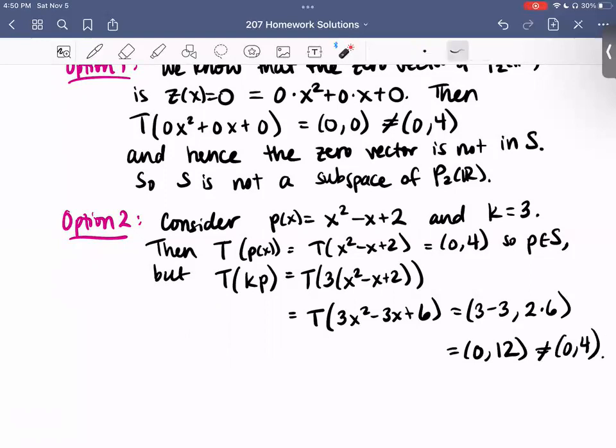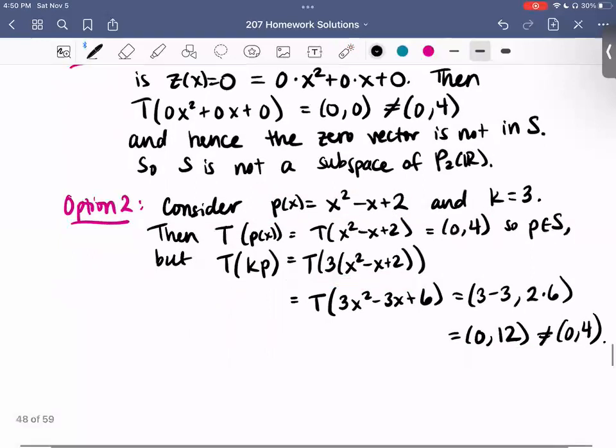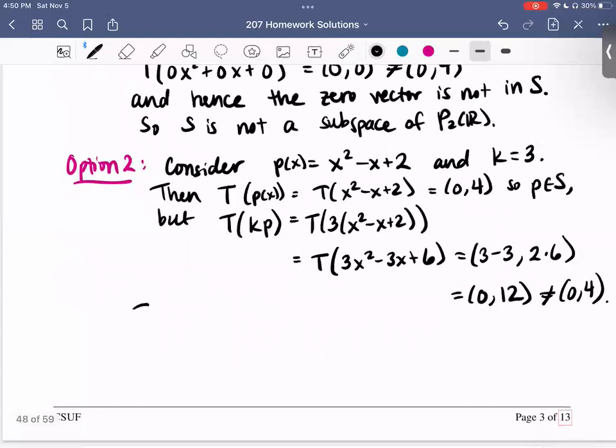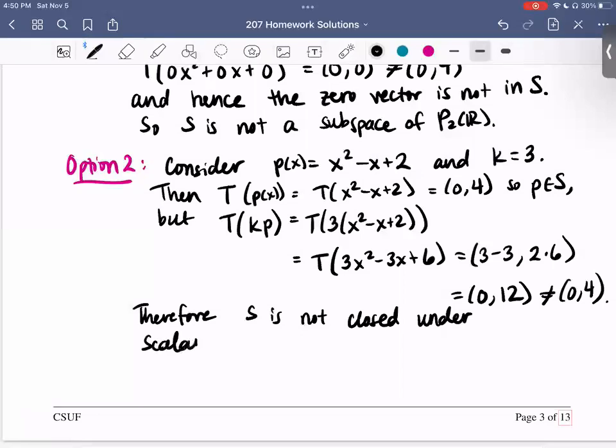So what happened here? I started with an element in S. That's very important. Then I multiplied by a scalar and I escaped. I got something that's not in S. So 3 times x squared minus x plus 2 is not in S. So therefore, S is not closed under scalar multiplication, and hence is not a subspace of P2.